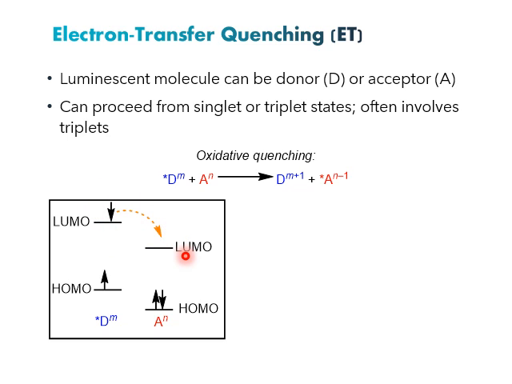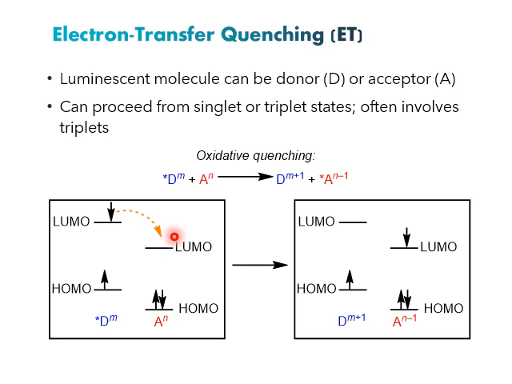So it's a single exchange in this case. Dexter energy transfer was double exchange, but this is a single exchange process where one electron is being transferred, and that results in, again, formation of the oxidized donor missing 1 electron and the reduced acceptor, which now has 1 extra electron up in its LUMO.